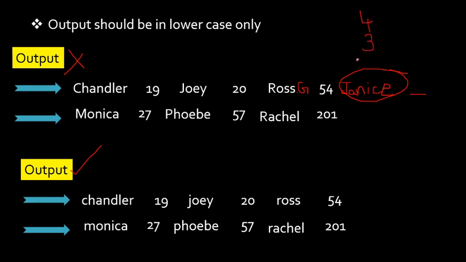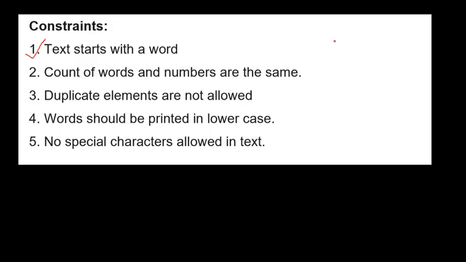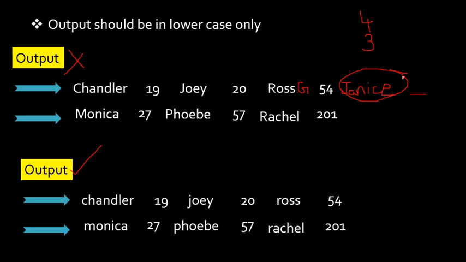But the input constraint says count of words and numbers are always same, which means you will never have this scenario. If you have a word, definitely you have a number. If you have four words, you should have four numbers. If you have three words, definitely you will have three numbers. Don't bother about having an extra word or having an extra number.